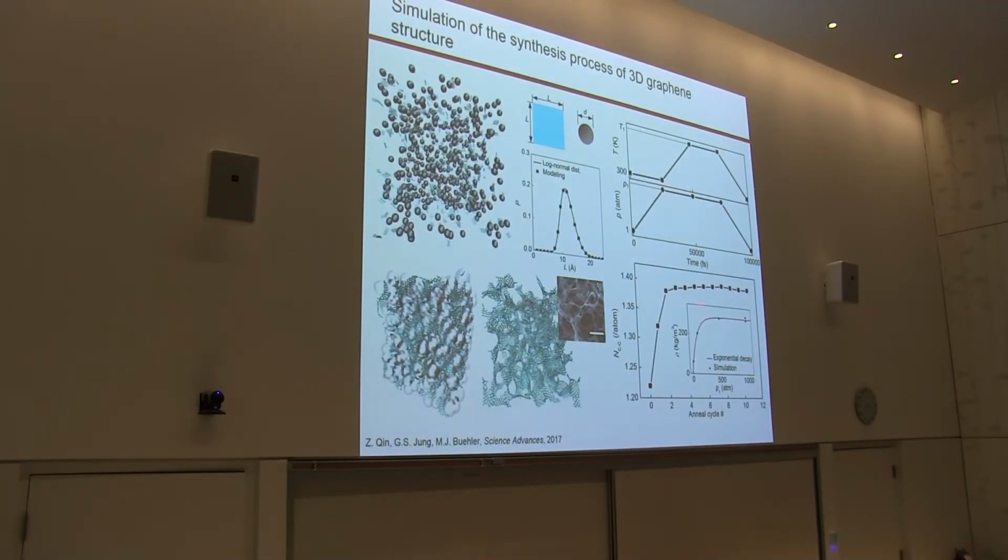After 10 cycles of this high temperature, high pressure repeat, I end up with an almost converged number of covalent bonds formed in the material. It's almost 1.5, which means all the carbon atoms satisfactorily connect to the neighboring carbon atoms to form those covalent bonds.